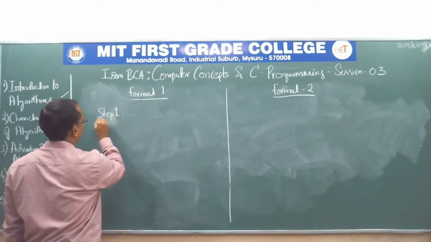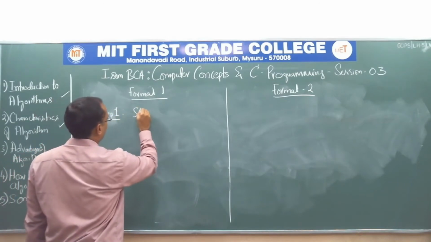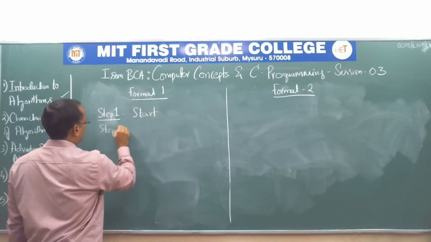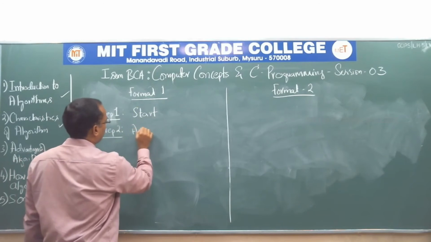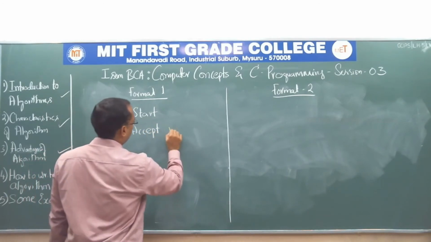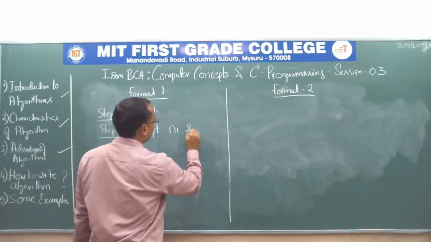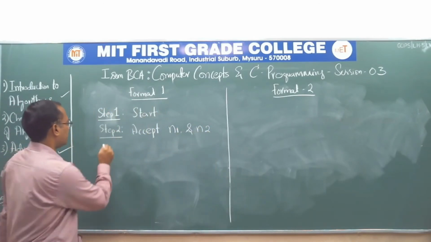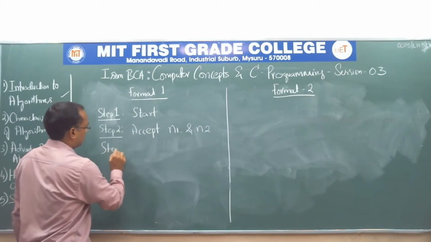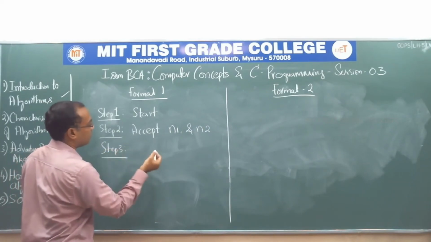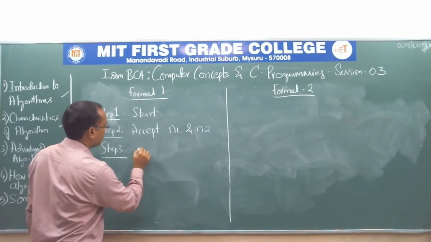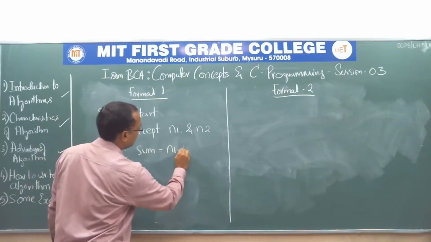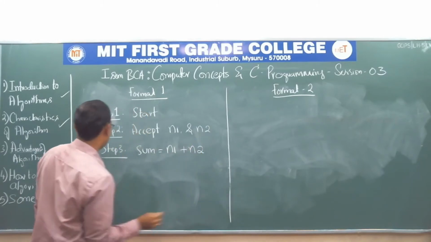Step 1, start. Step 2, accept n1 and n2, that is the first and second input. Step 3, after accepting the input, you write down the equation: sum is equal to n1 plus n2.